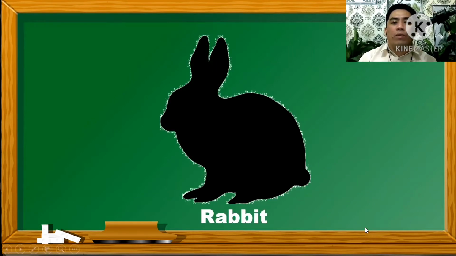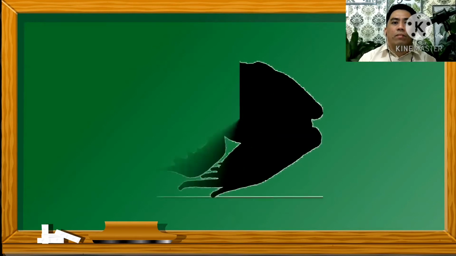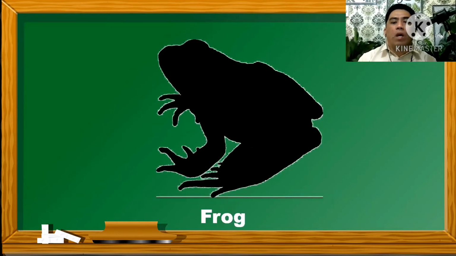Very good. That is a rabbit. Next animal, who's that animal? It's a frog. Next.